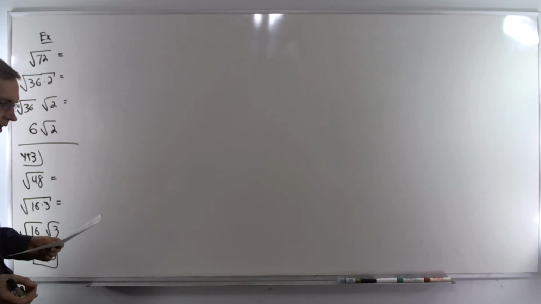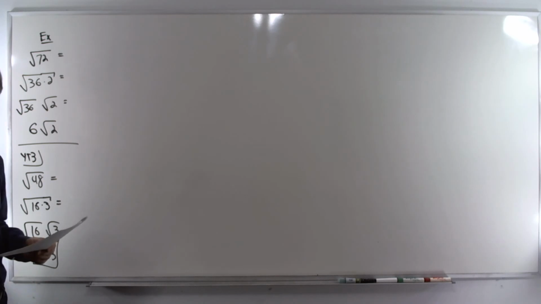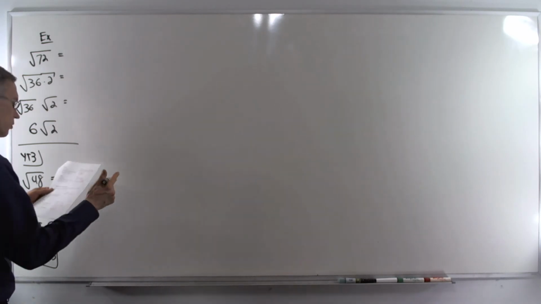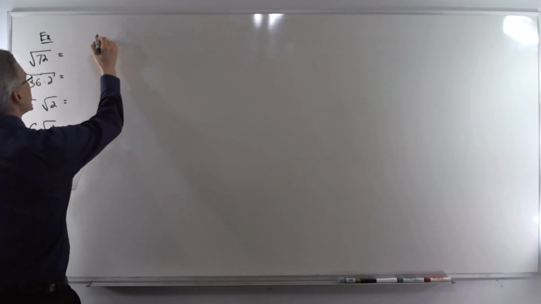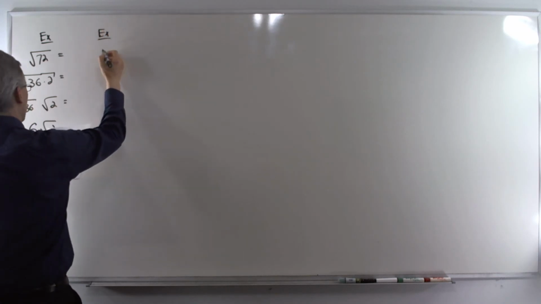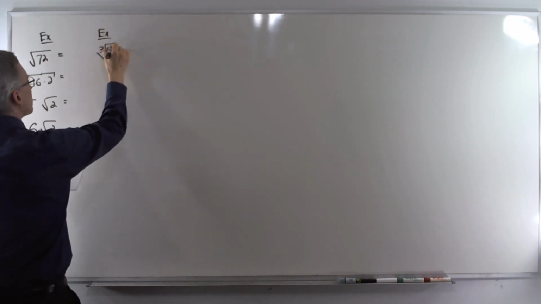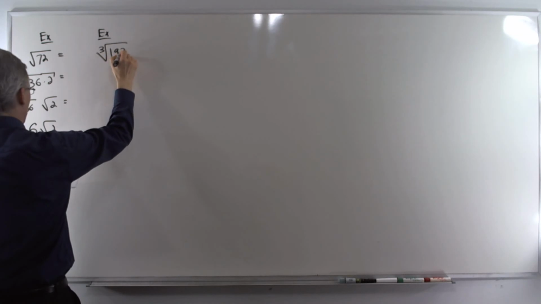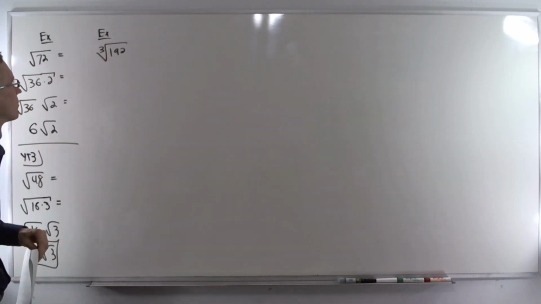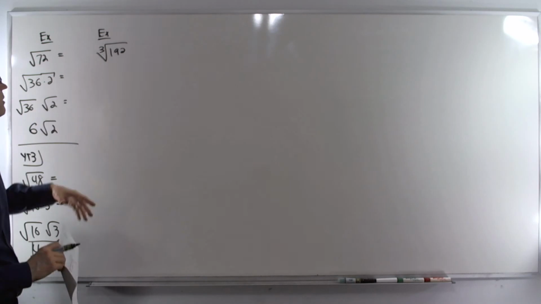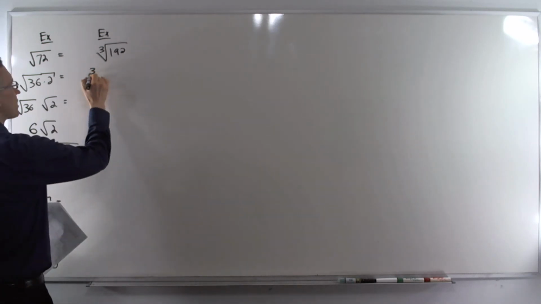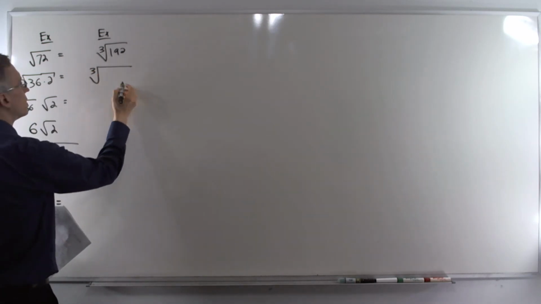Next up, we're going to look at a radical with an index of 3. So now we're looking for perfect cubes. So we want to break this up into something times a perfect cube.